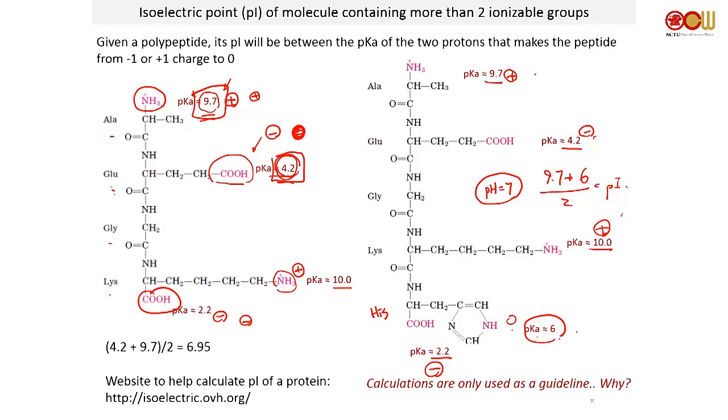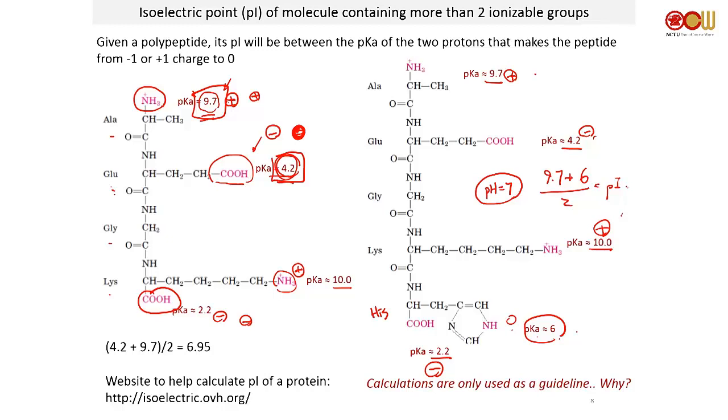Does that make sense? Because protein has a 3D structure, the environment in which all of these pKa's sit may not be very easy to guess. So in reality, the pI we only determine through experiment.